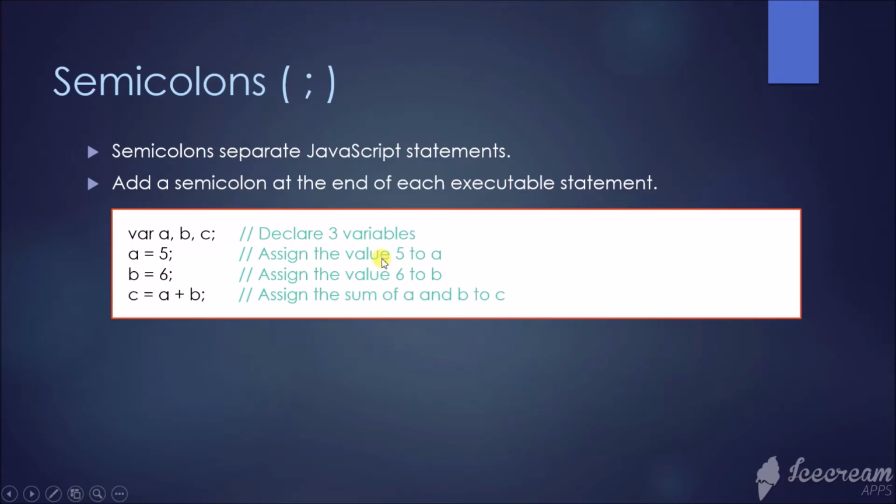The second line assigns the value of 5 to A. Then the third line of code assigns the value of 6 to B. Then the fourth line assigns the sum of A and B to C. So these four lines of code are called statements. To separate our code, we end each with a semicolon.